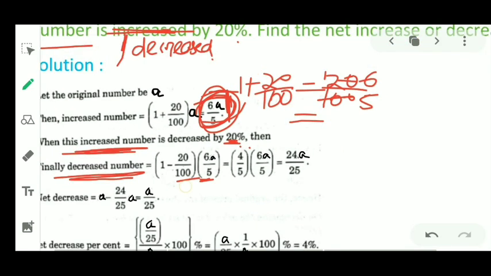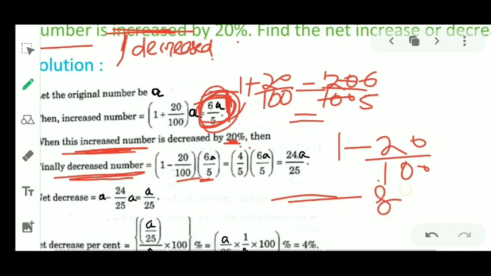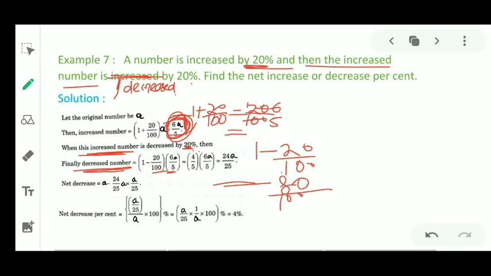Okay. Now 1 minus 20 by 100 will be 100 into 1, 100 minus 20, 80 by 100. Clear? Now divide this number by 20. 20 4s are 80, then 20 5s are 100.